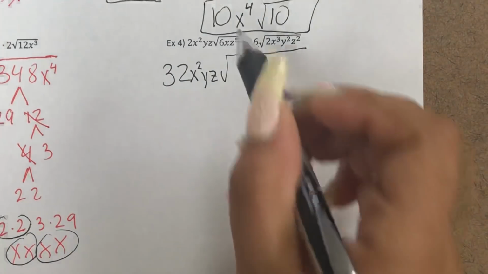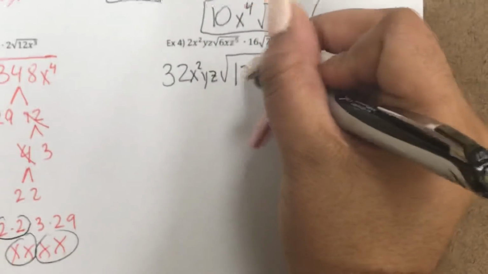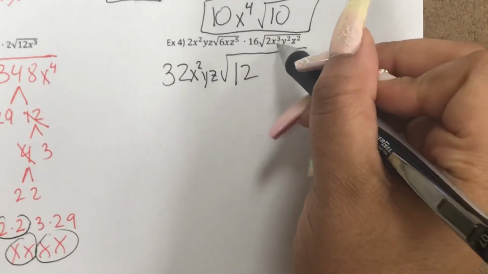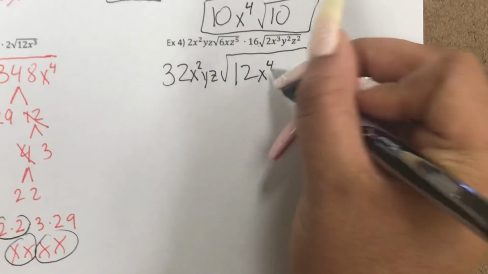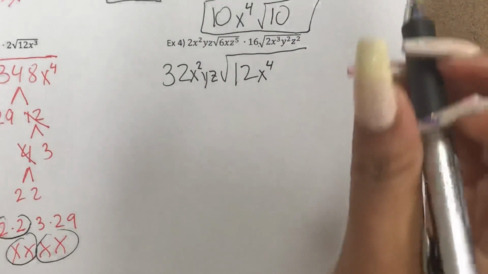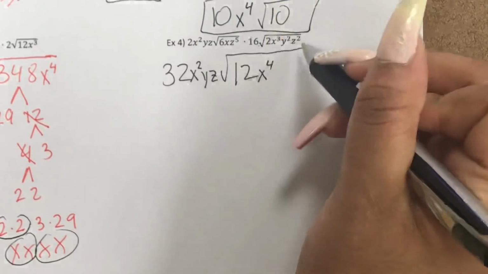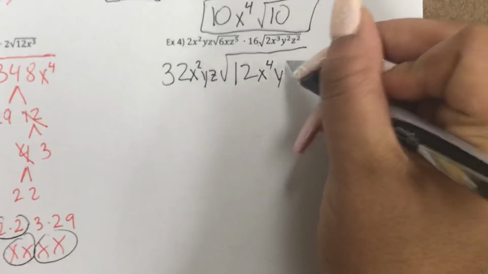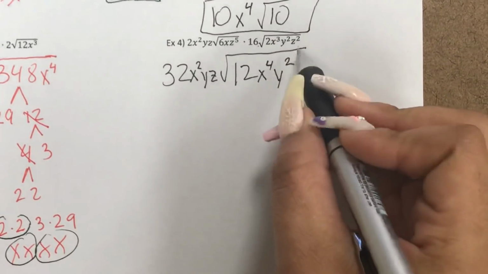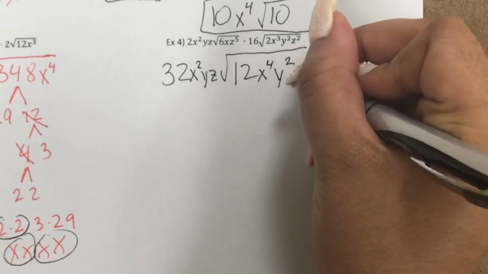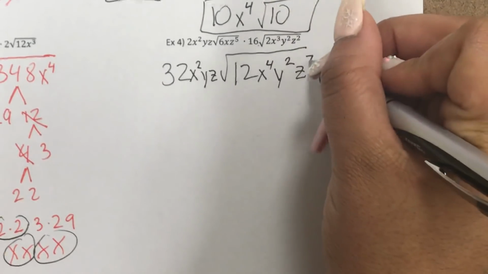Now multiply the inside. 6 times 2, 12, x times x cubed. You have 1 here, 3 here, so that's 4 x's being multiplied. Okay, this one doesn't have a y, this one has 2 y's, so y squared. This one has 5 z's being multiplied, this one has 2 z's being multiplied, so 5 plus 2, 7.